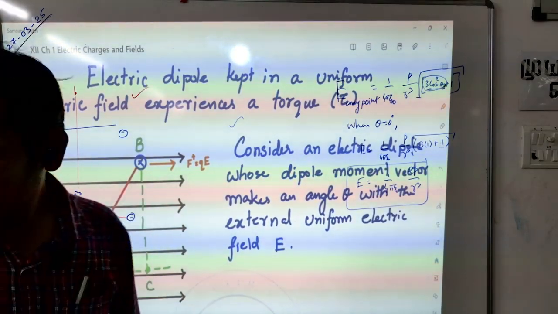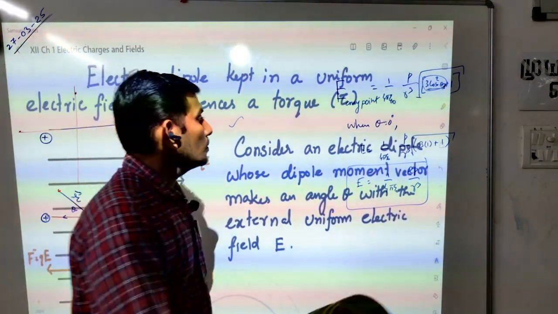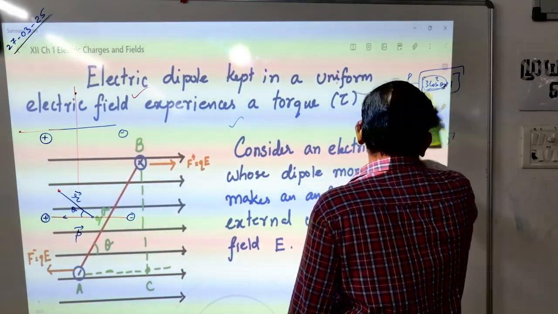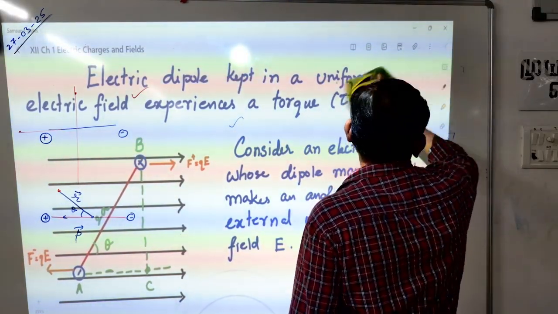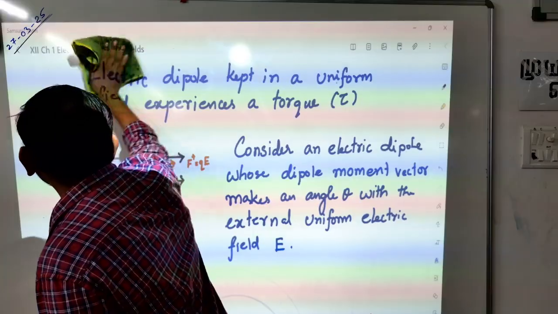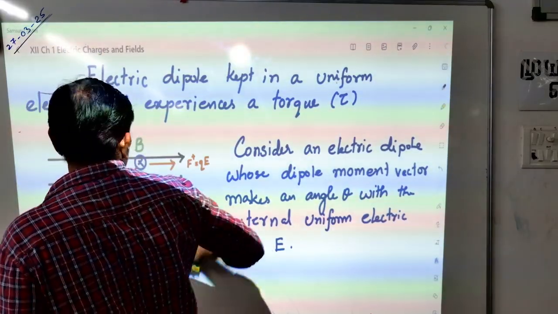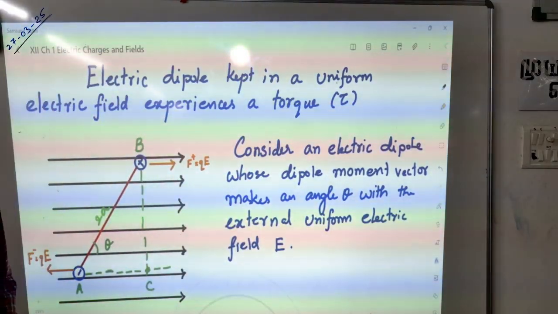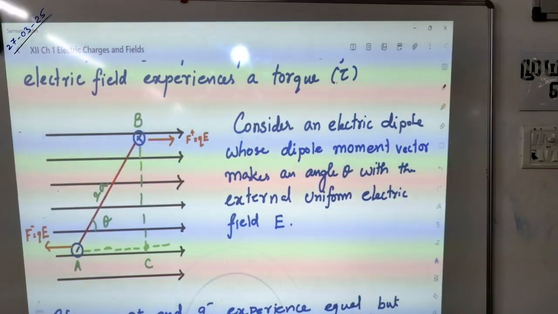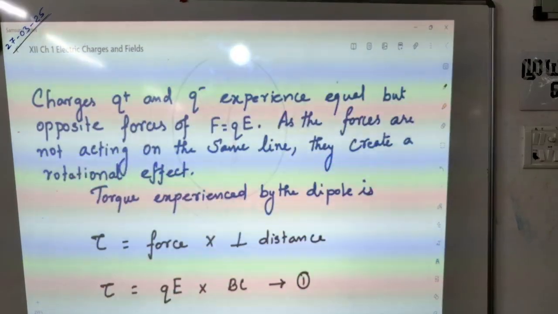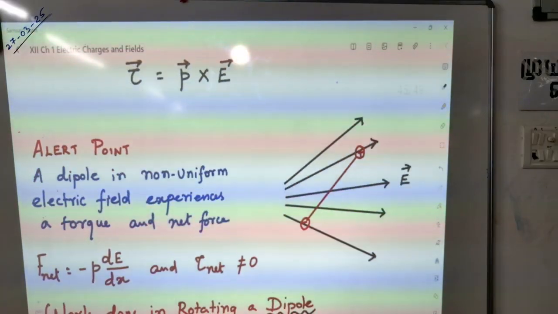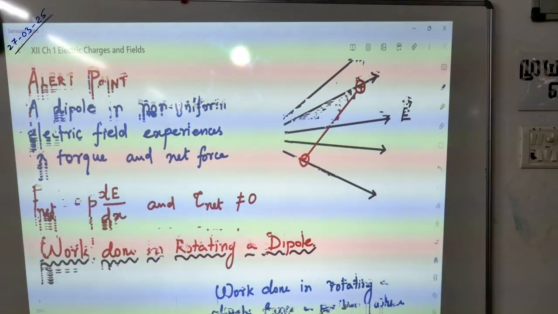Next we learn about dipoles in an electric field. Once we learn it in the uniform field, then in the non-uniform field. So, dipoles in uniform and non-uniform electric fields. Note down.